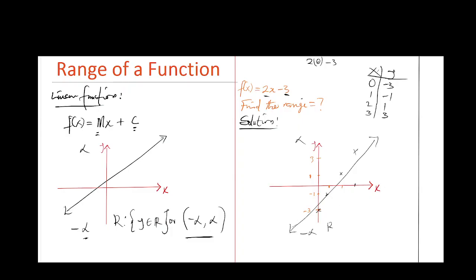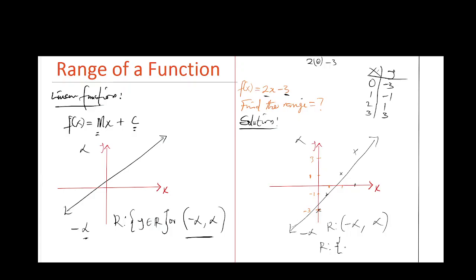How do we write the range then? Range is from negative infinity to positive infinity. This is in interval notation. You may as well choose to write it in set notation, meaning that the range, which is y, is a set of all real numbers.